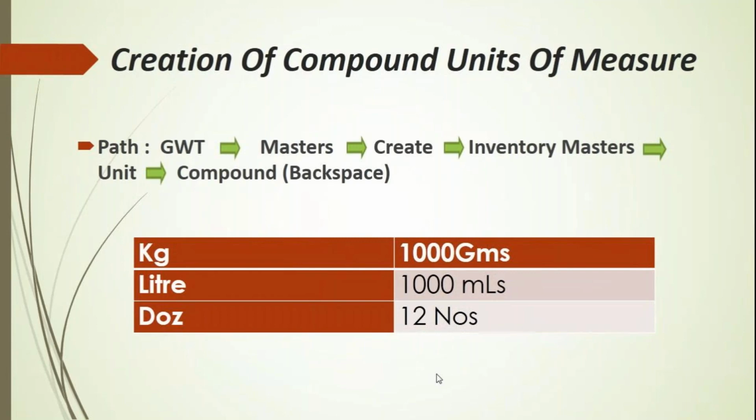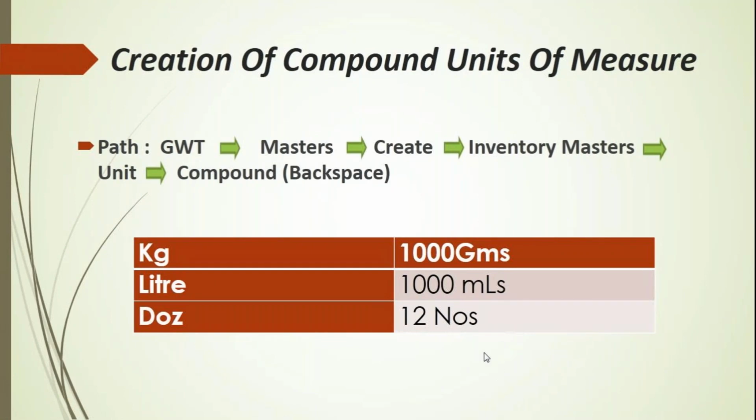Here I have given a table where we have kg, 1000 grams, then liter, 1000 milliliters, and dozen, 12 numbers. So how do we go about this? We know that 1 kg is 1000 grams, 1 liter is 1000 milliliters, one dozen is 12 numbers. For packets, I would not suggest it because it will vary depending upon the commodity.